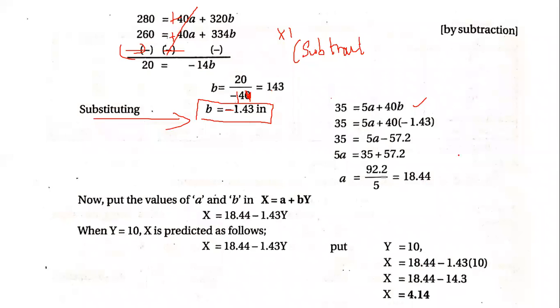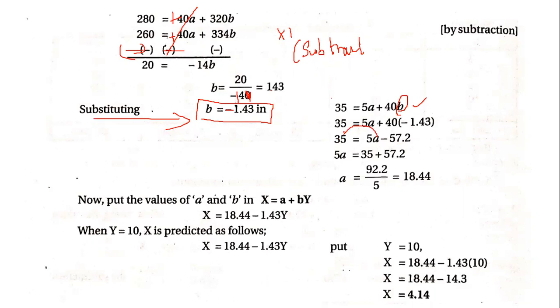Now in the place of b, we are going to substitute minus 1.43. So 40 into minus 1.43 gives minus 57.2. So 35 is equal to 5a minus 57.2.